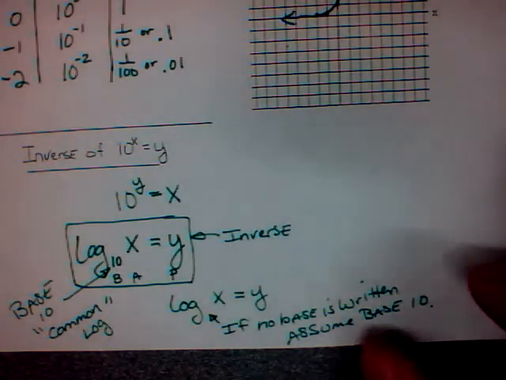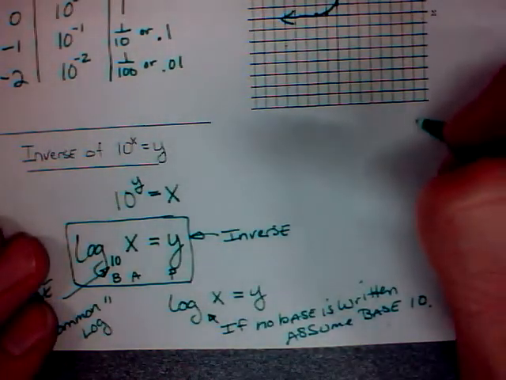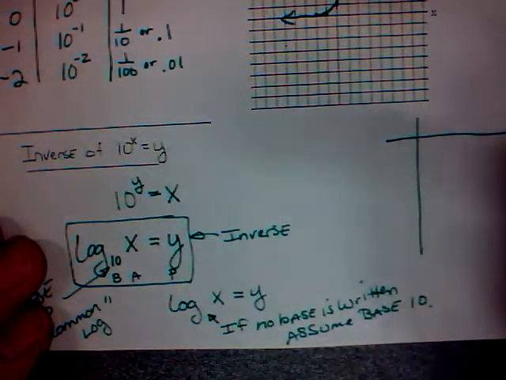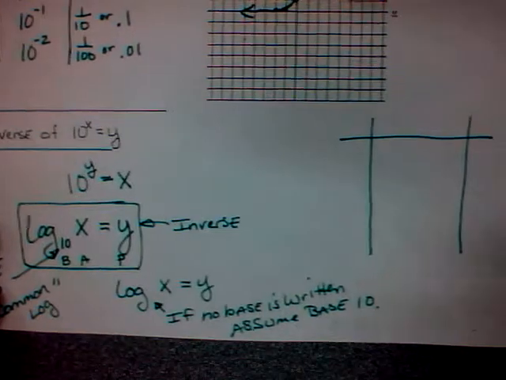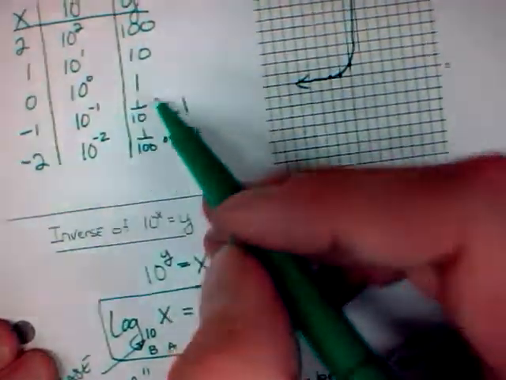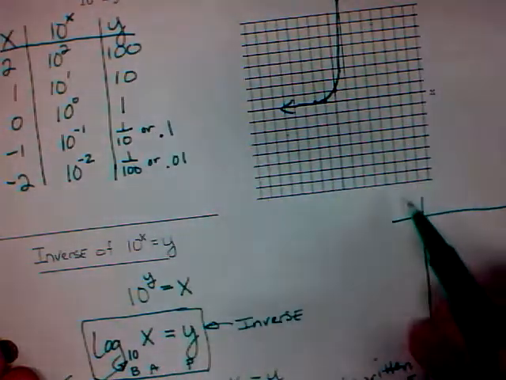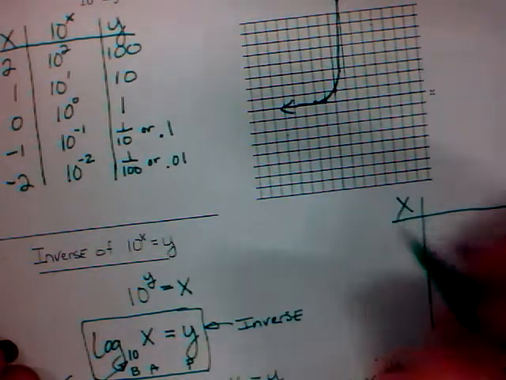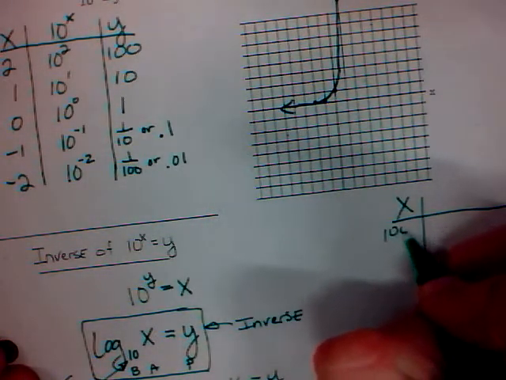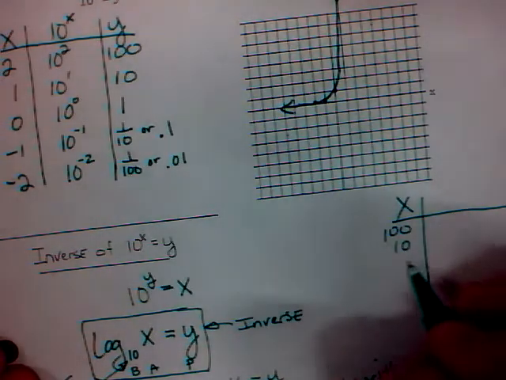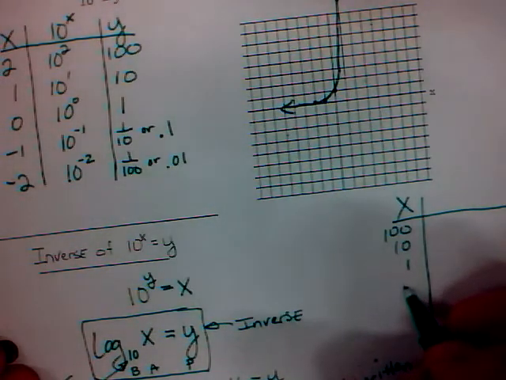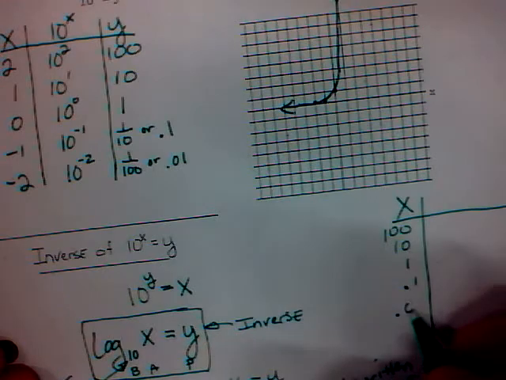Okay. So now let's make a similar chart. If this is truly the inverse, then we should be able to take the y values here and let those be our new x values. So our x's are going to be 100, 10, 1, 0.1, and 0.01.